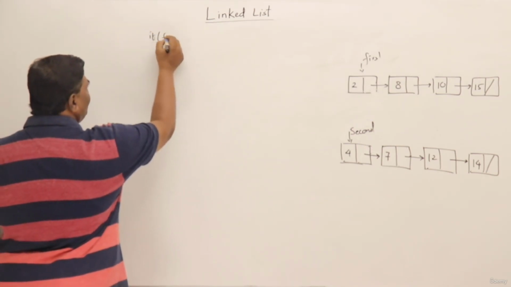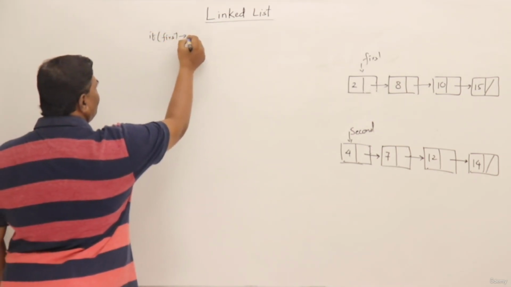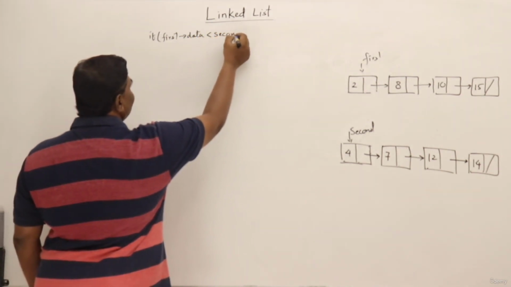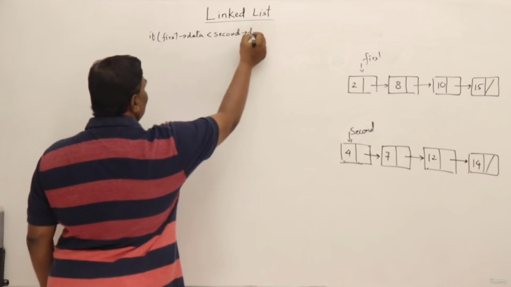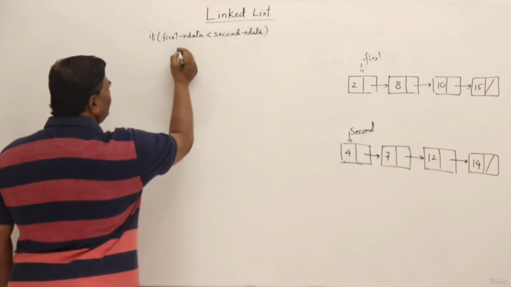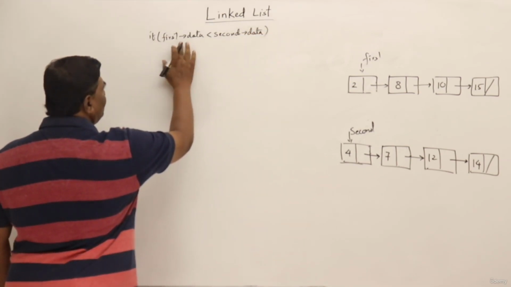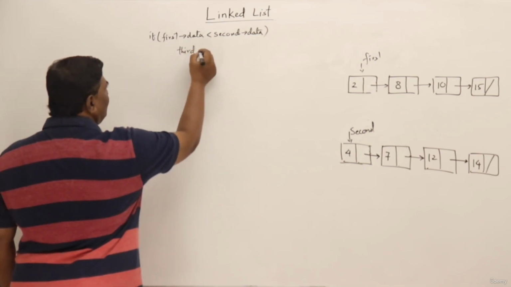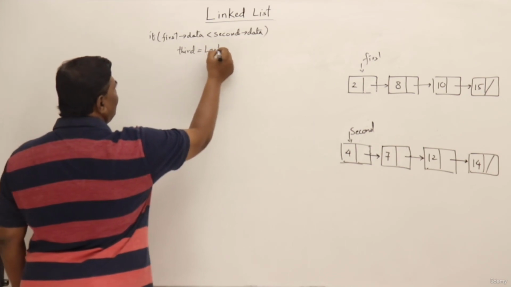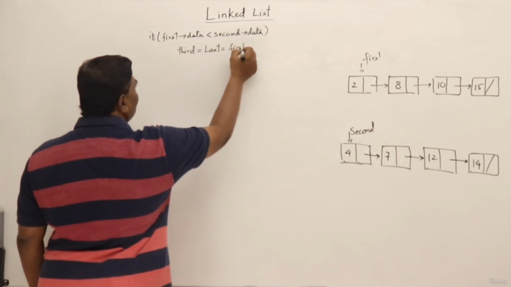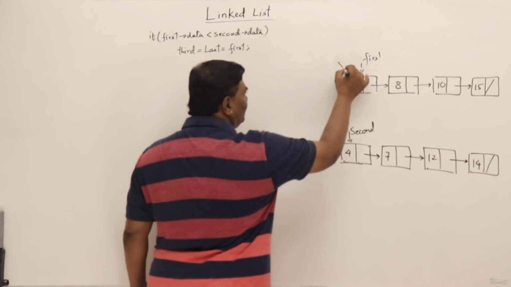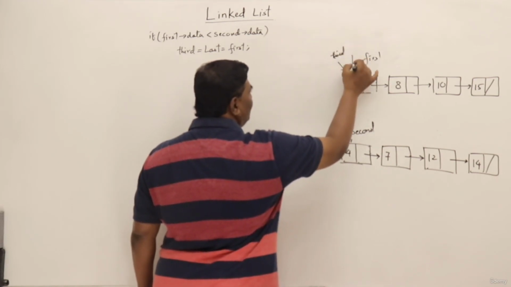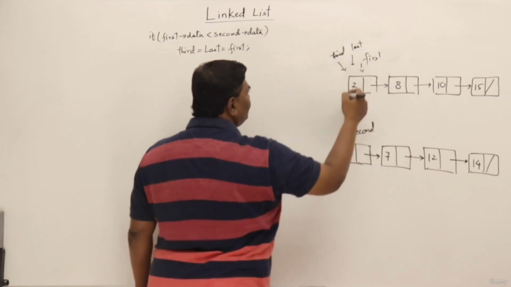If first's data is less than second's data, then bring third as well as last upon first. That is bringing third and last upon the same node. We did this one.